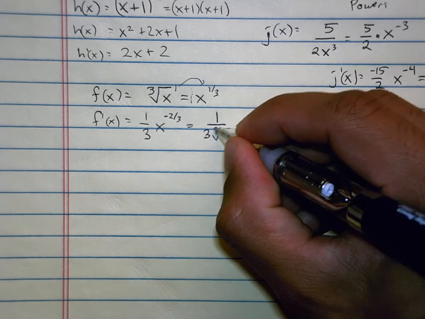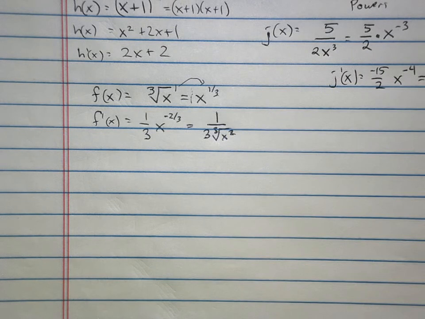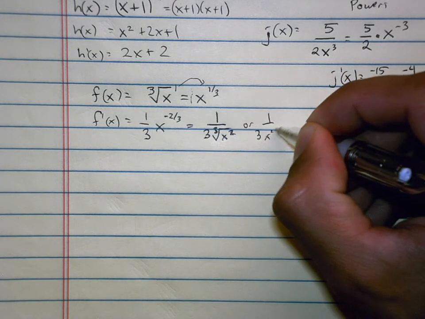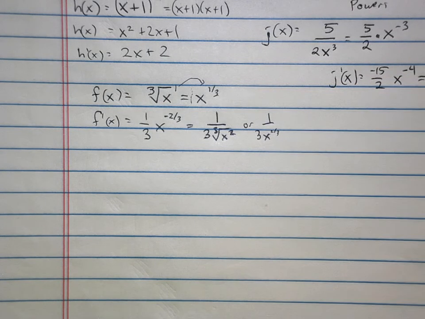You could either leave it like that or 1/3 times x to the 2/3 power. Either answer is correct. Robert: Is the square inside the radical or outside? It actually can be either way. It's either in or out, doesn't matter.